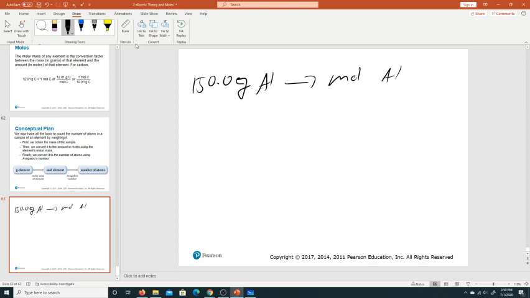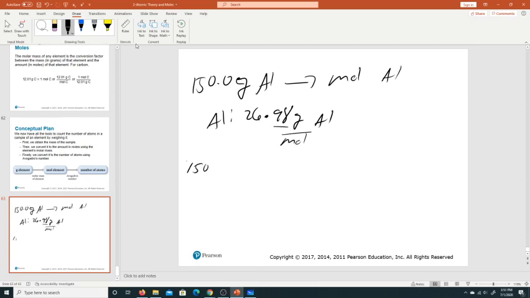Aluminum has an average atomic weight of 26.98. So Al is 26.98 grams. When you look at the periodic table, I'm always going to keep two decimal places here. If you want to take more than that, you can, but I'm going to stick with 2. If I want to convert this to moles, this means 26.98 grams per mole.